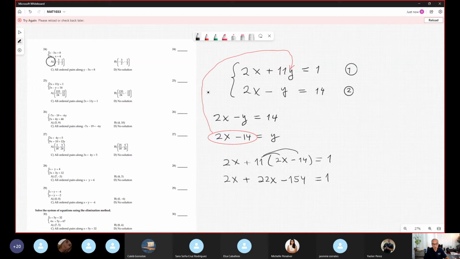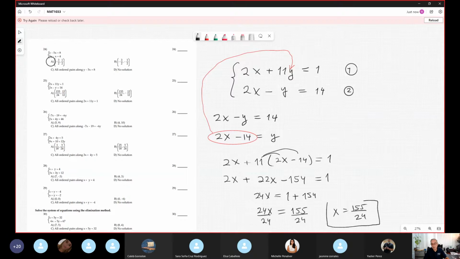Now you combine 2x and 22x is 24x. And why not move negative 154 to the other side like 1 plus 154, no? Que es 155. 24x equals 155, divided by 24 on both sides. x equals 155 divided by 24.